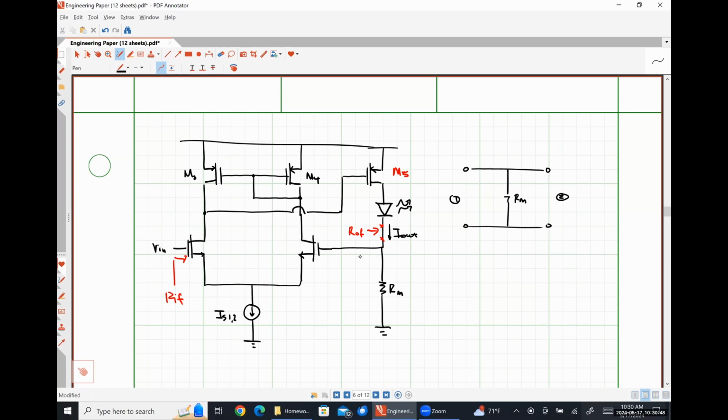That's our feedback network. There is a wire literally tying where we're taking our output current to where we are manipulating VGS and our input voltage. M5's gate. No, so that's our feedback voltage.